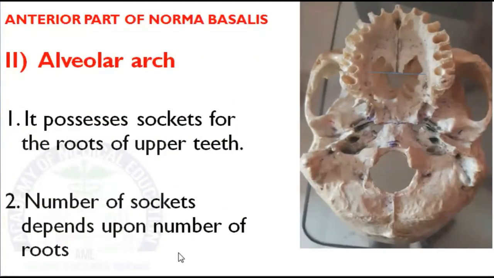Anterior part of Norma Basilis, alveolar arch. It possesses sockets for the roots of the upper teeth. The number of sockets depends upon the number of teeth.